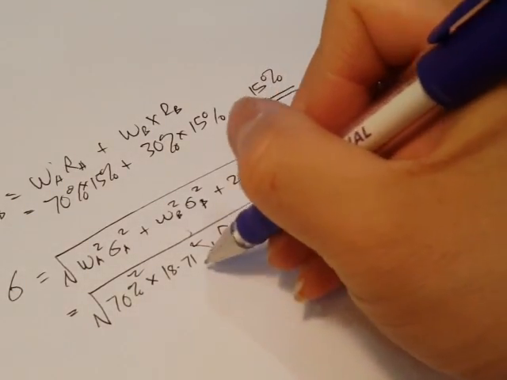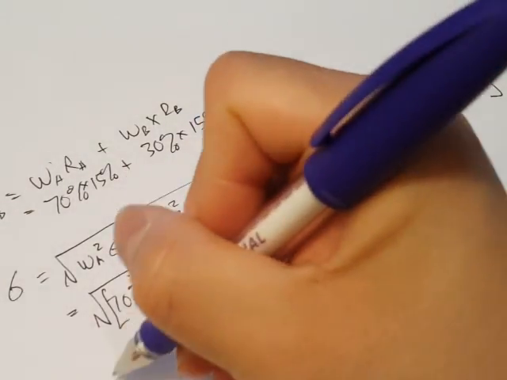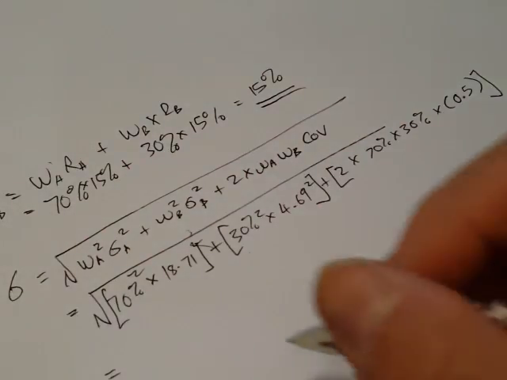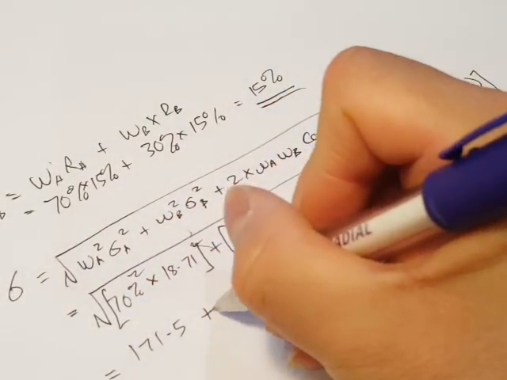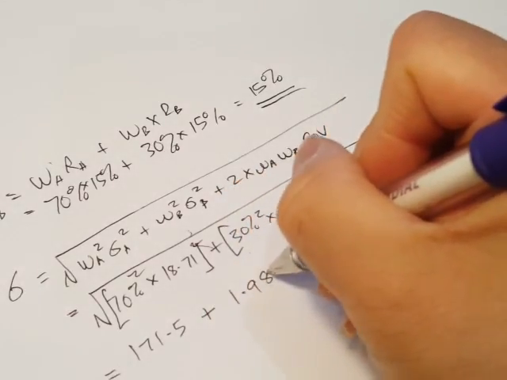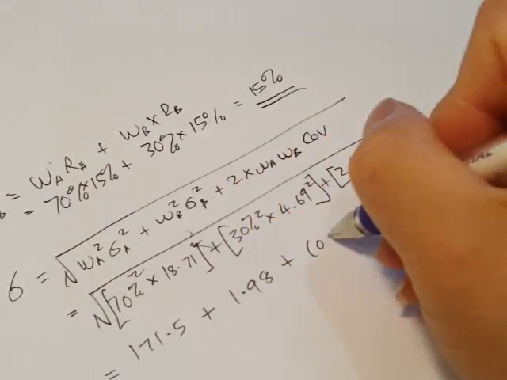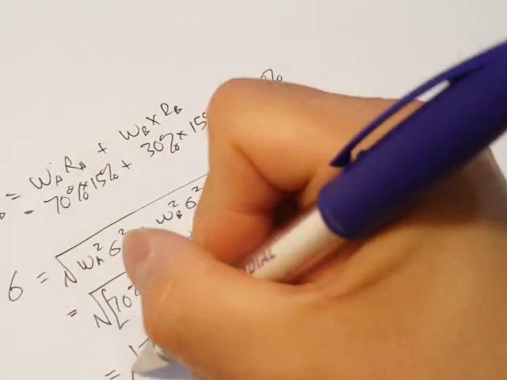This is the second part, this is the first part. So you should get 171.5 plus 1.98 plus 0.21.